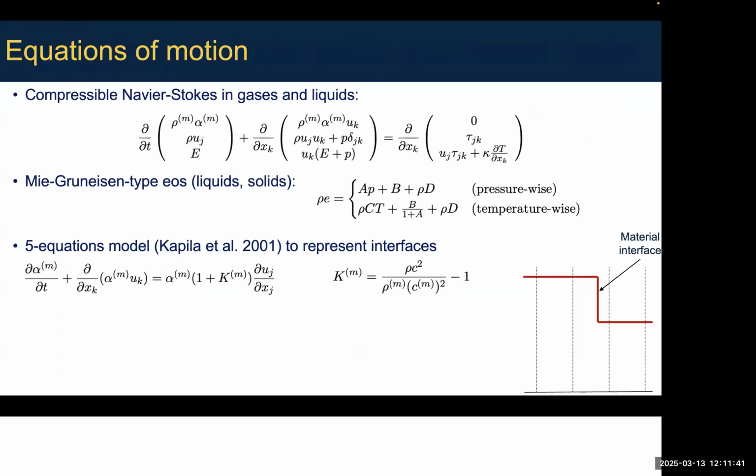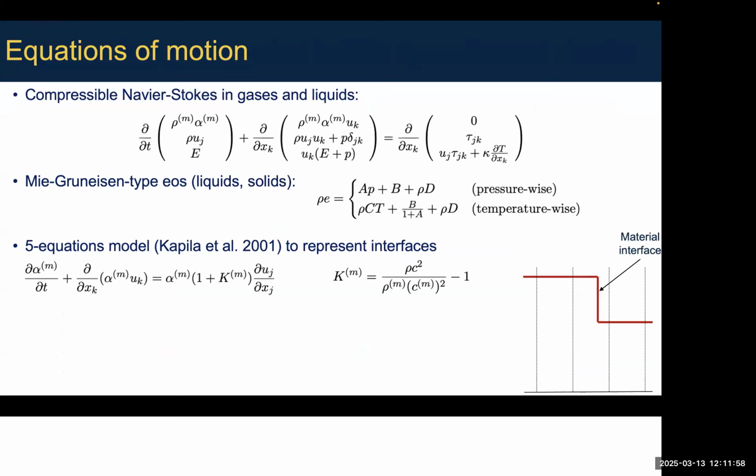So our approach here, and this is an approach that is relatively common when it comes to Eulerian descriptions of these multi-phase flows, is if we start with our compressible Navier-Stokes equations, let's say we take 2 phases, a gas and a liquid phase perhaps.